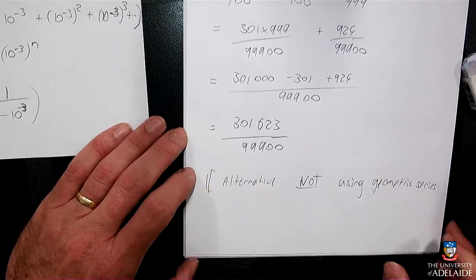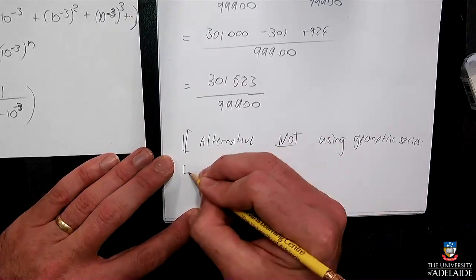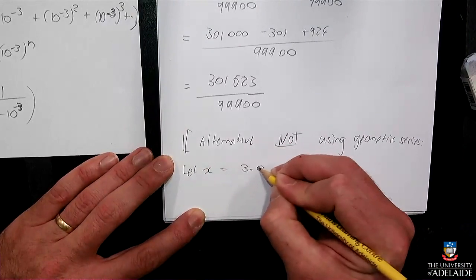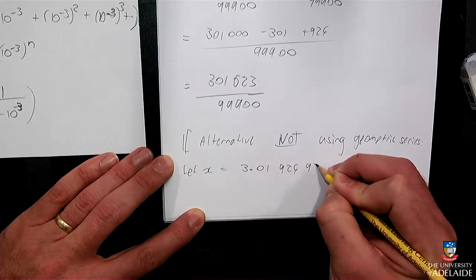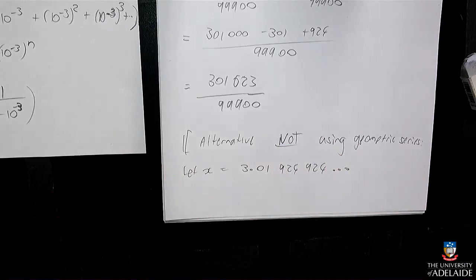So there's an alternative that doesn't use geometric series, and it goes like this. Let x be equal to 3.01924924, etc. What I'm going to do is move it up so that the decimal part is only made of repeating bits.